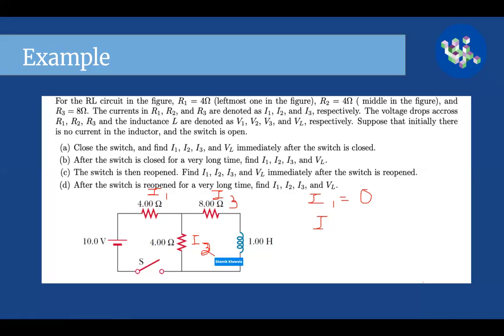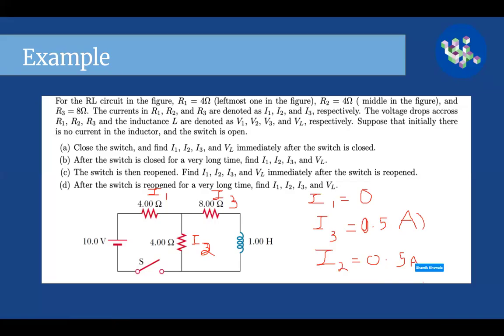Then I3 stays the same at 0.5 amperes. And since it's just one loop, I2 equals I3 equals 0.5 amperes.